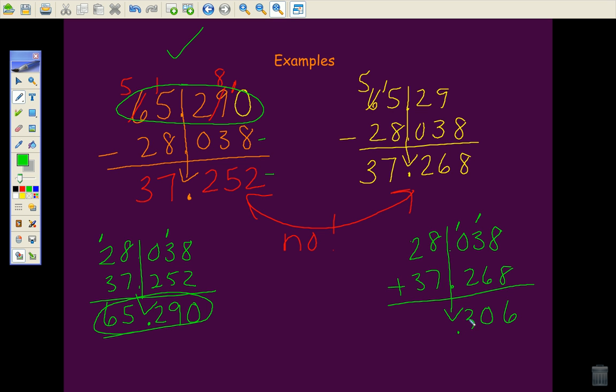Regroup. We now have 3 tenths. Come over to the ones place. We have 15 ones. Regroup. And 6 tens. These do not match. Look at that. Whoops. And that are two different numbers.